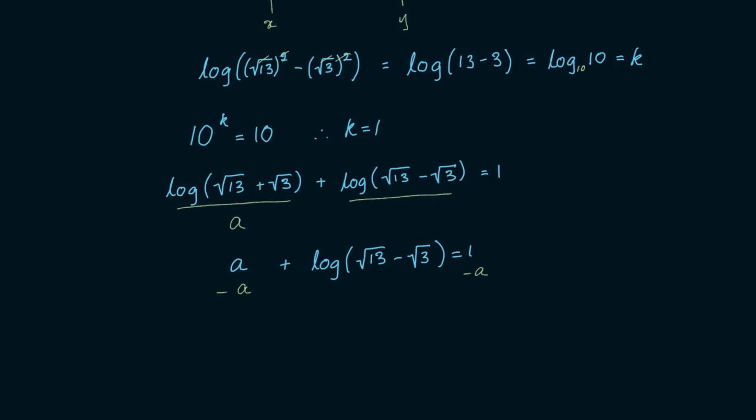So if we subtract a from both sides, we get that the log of the square root of 13 minus square root of 3 is equal to 1 minus a.